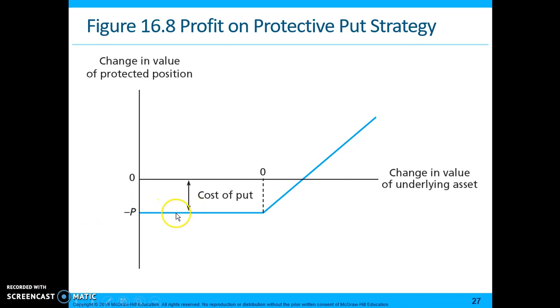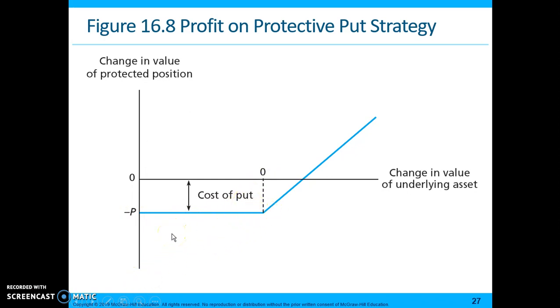is that you buy a put and you buy the underlying asset as well, and you combine those two together. You create a floor with regard to your losses, because you have a put that you have to pay for, but as a result, you have eliminated all of this downside of owning the asset.